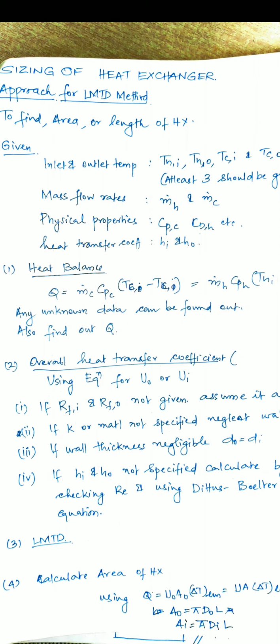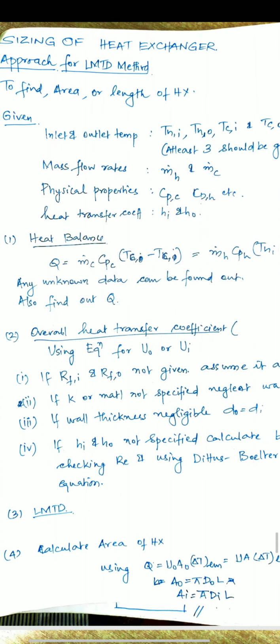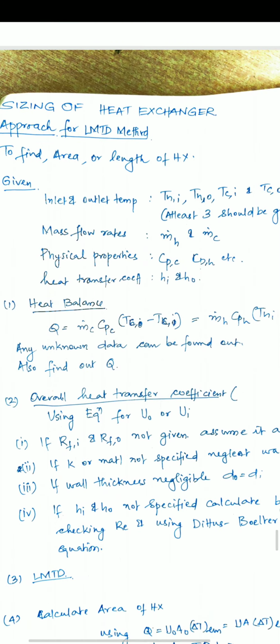We will check for the given data in any problem, and the first step for our answer would be finding out the heat balance. So I'll just tell how we do that.